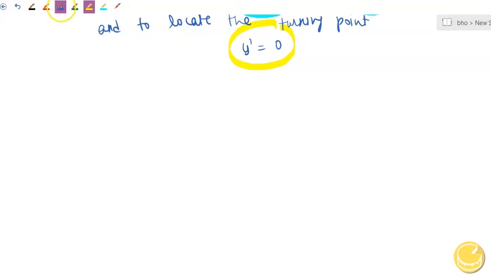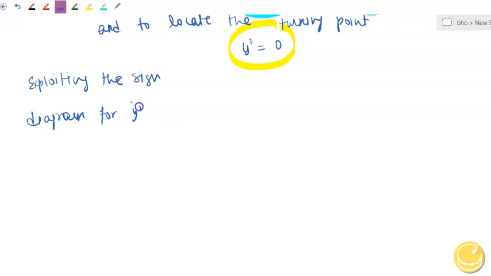So the next step is exploiting the sign diagram for y dash. From this we can tell the global maxima and minima, or the local maxima and minima.